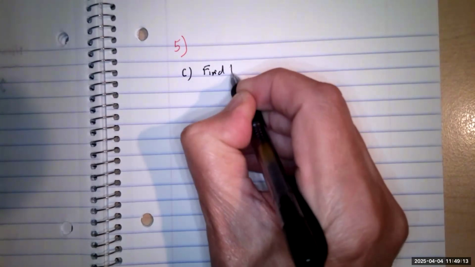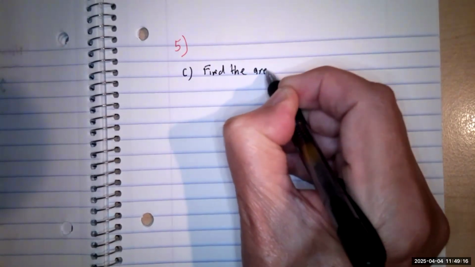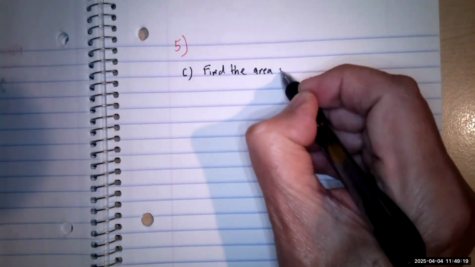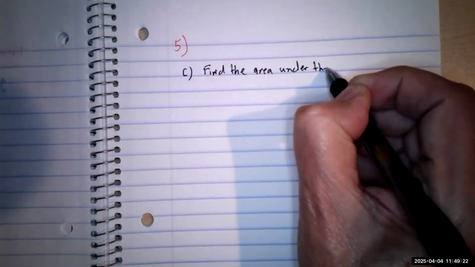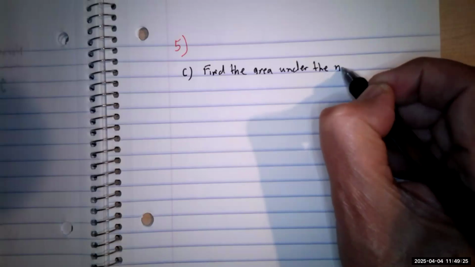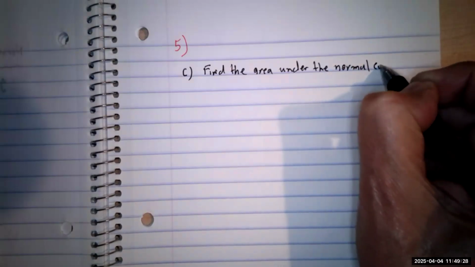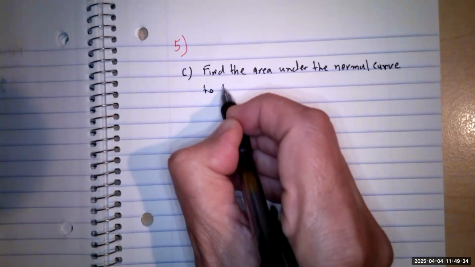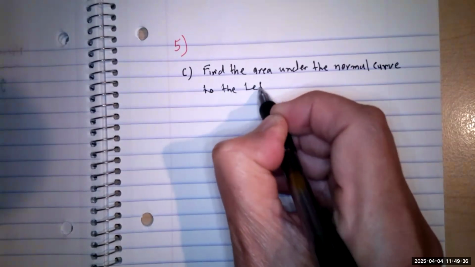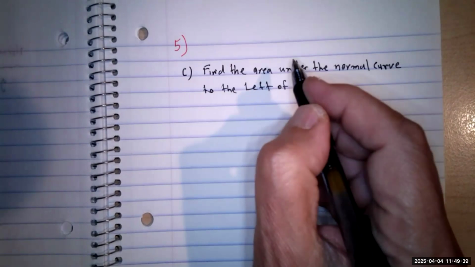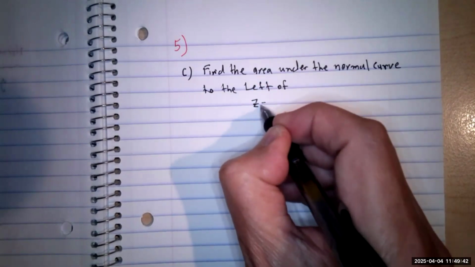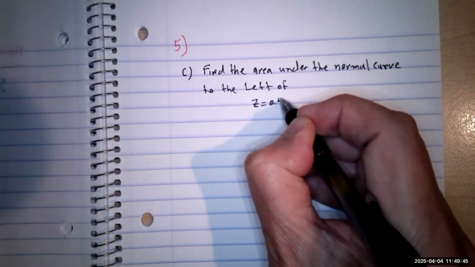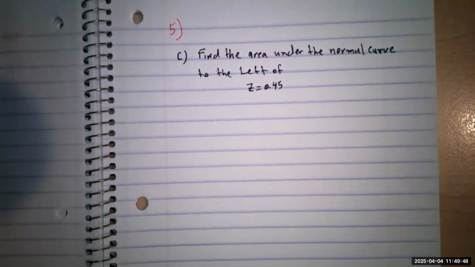So part C, we want to find the area under the normal curve, the Z curve, to the left of this number. The number is Z equal to 0.45. You have to graph it. If you just give us a number, we don't accept it.